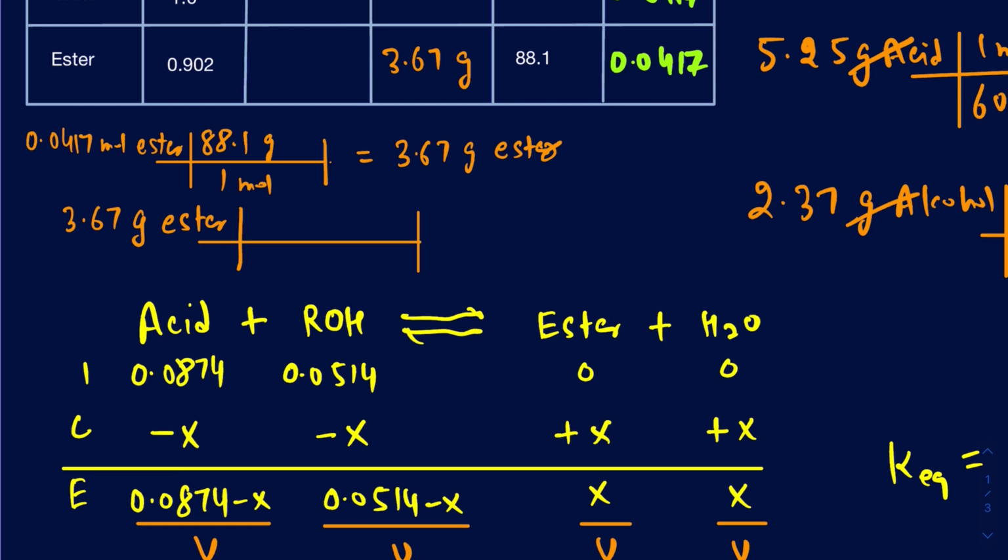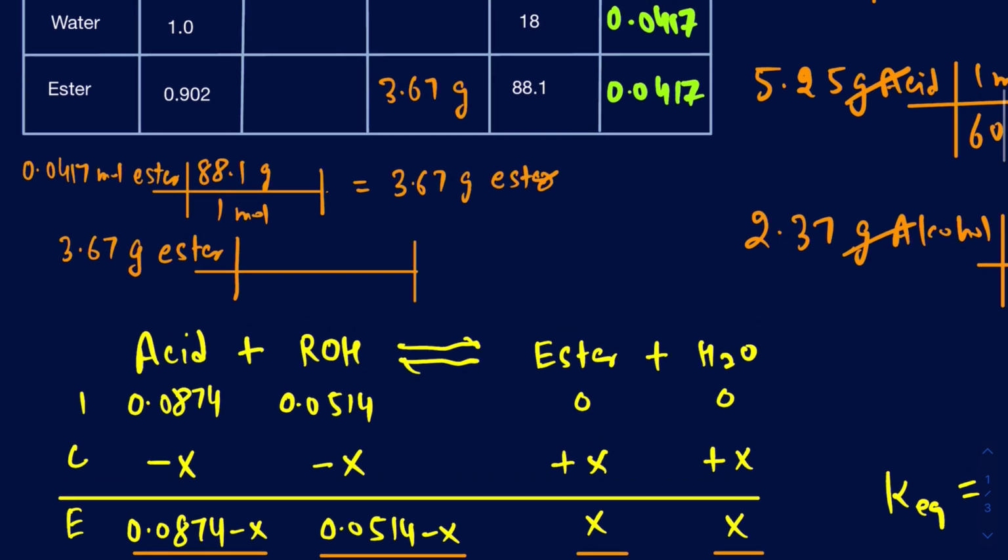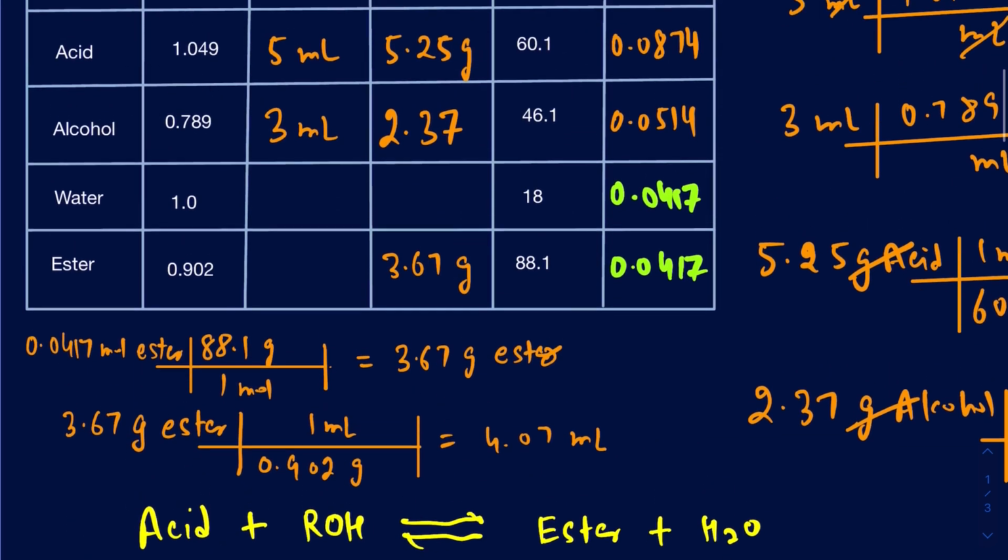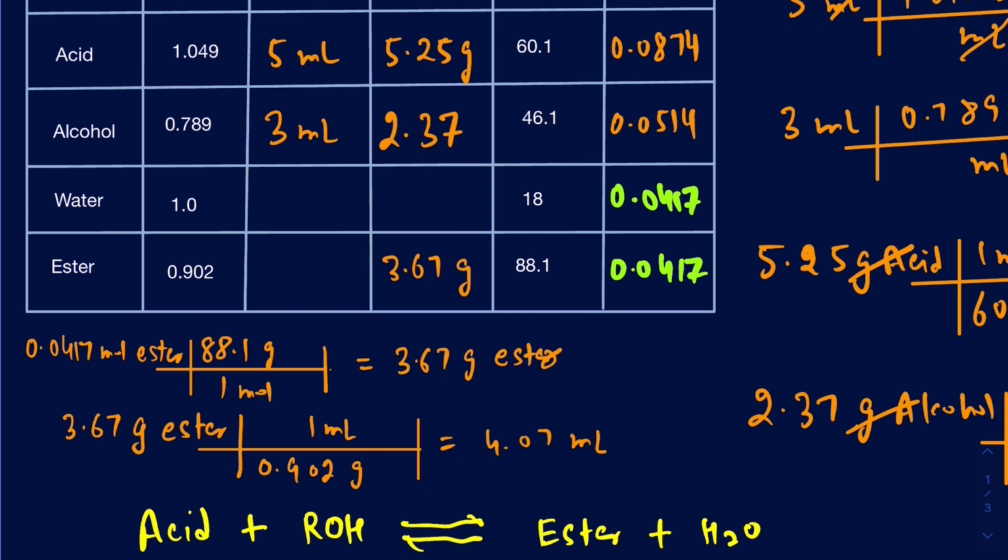The volume of ester here is going to be, using the density of 0.902 grams per milliliter, so we want to divide that by 0.902. That comes out to be 4.07 milliliters. So roughly we're supposed to make 4 milliliters of ester as our theoretical yield.